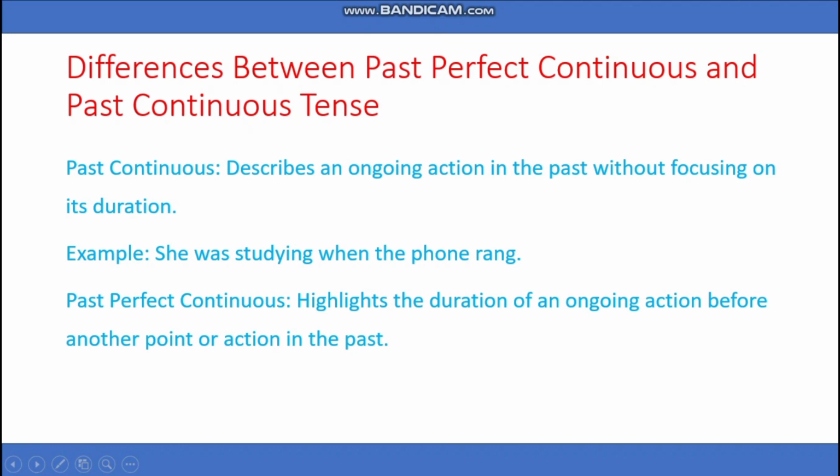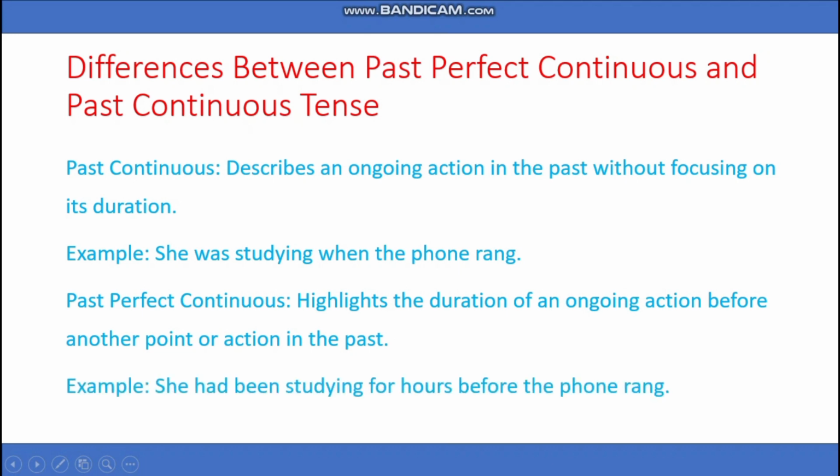It highlights the duration of an ongoing action before another action takes place in the past. Example: she had been studying for hours before the phone rang. Before the phone rang, she had been studying. It means the phone was not ringing, and she was studying.